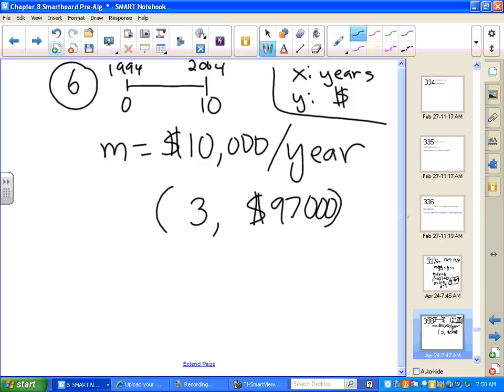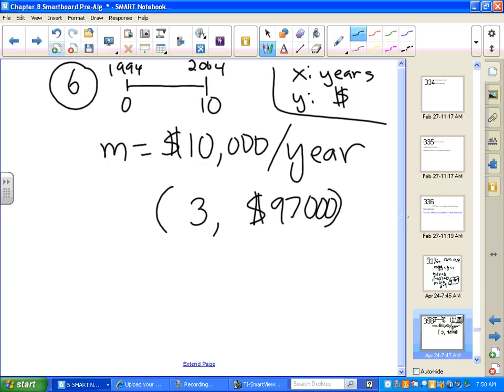$97,000. In this problem, you're given slope and you're given an ordered pair. They tell us the rate of change, but they also give us a piece of information at year 3. 1997 is the 3rd year in the timeline. So at year 3, we have $97,000. So Jeremy then went further to explain, you start with your equation, y equals 10,000x plus b.